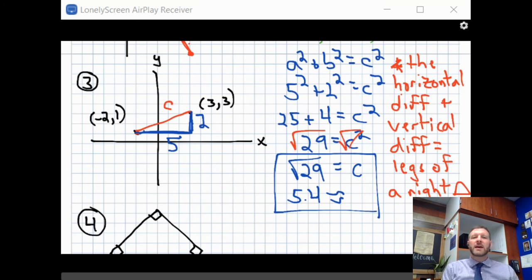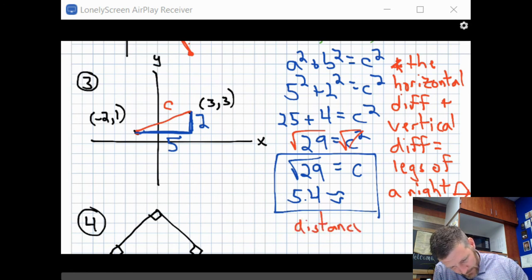So then the distance equals the hypotenuse, which I'll abbreviate.